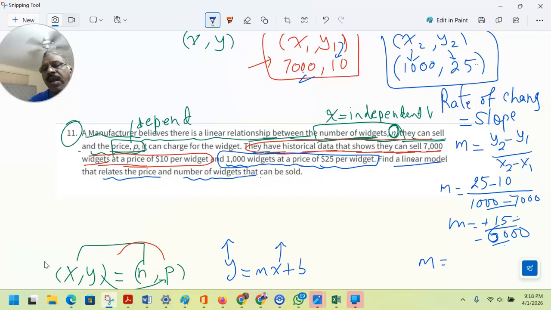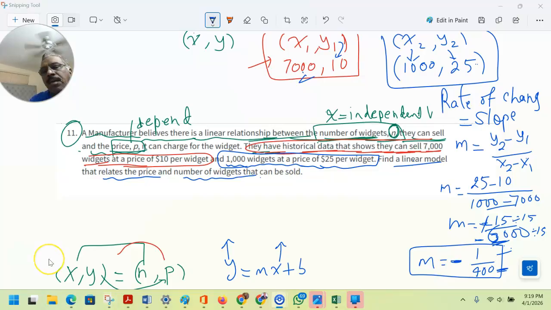I know you can use a calculator and directly get a decimal, but I will divide the top by 15 and divide this also by 15, because 15 divides 60. So you get 1, and plus and minus gives you minus. So that's minus 1 over 15 divides 60 four times, so you get 400. So this is the rate of change. It means for every 400 decrease, because there's a minus, right?